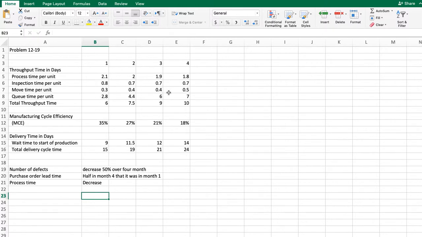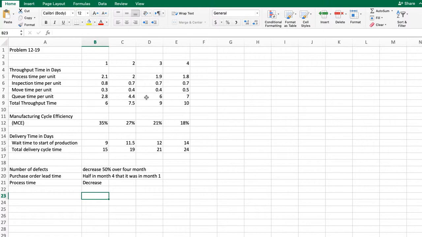Again, we picked out pretty quickly that the queue time per unit is greatly growing, which is causing our manufacturing cycle efficiency to drop. So we need to figure out what's going on with that and work on that. And again, it's a balanced scorecard comparing month to month, plant to plant, unit to unit, product to product, whatever it is, but getting it all in one spot where we can kind of see what's going on.